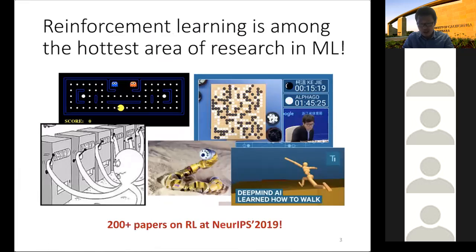And this year, there are even more, and we're seeing an exponential growth of research into reinforcement learning in the machine learning community. So it is a good time to hop on the rising trend. You are lucky if you started working on reinforcement learning a year or 2 years ago, because then you'll get a lot of citations.